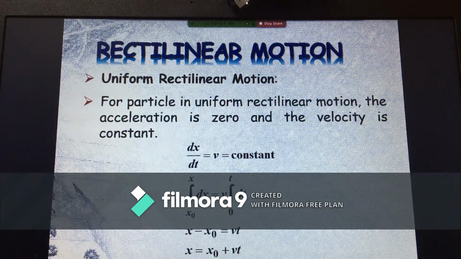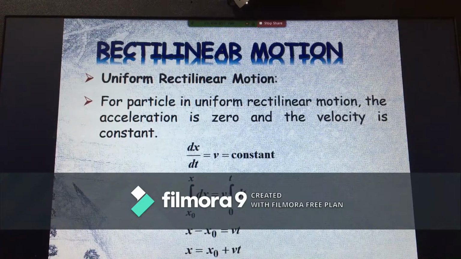Since v is a constant, we take the constant out, and we are just integrating the dt. The integral of dt is simply t, right? Then you substitute the limit 0 to t, final minus initial, so t minus 0, that is still t, times v.